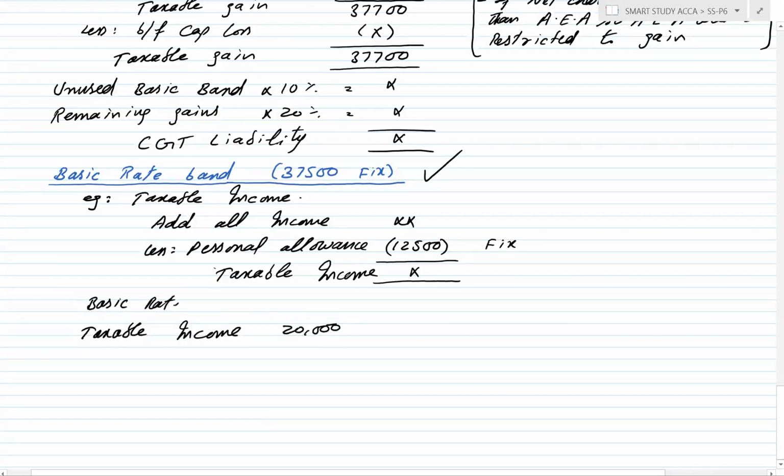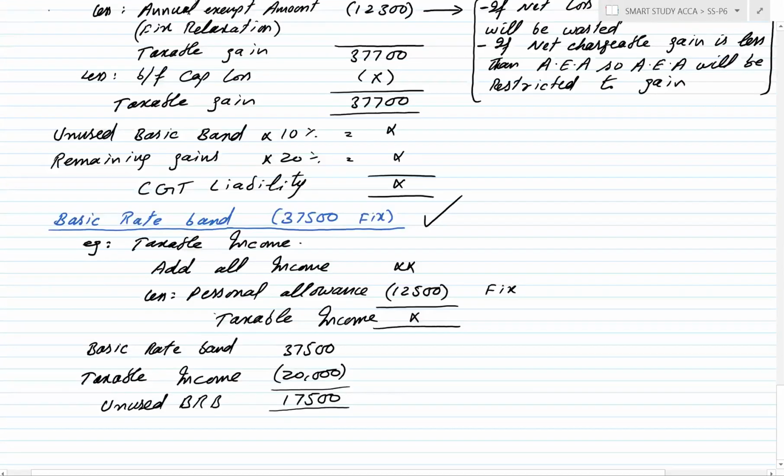Basic rate band. The amount of the basic rate band is fixed at 37,500. Suppose your taxable income is 20,000, so it means you have consumed 20,000 of the basic rate band in the income tax, and the remaining amount is 17,500. This is basically unused basic rate band.